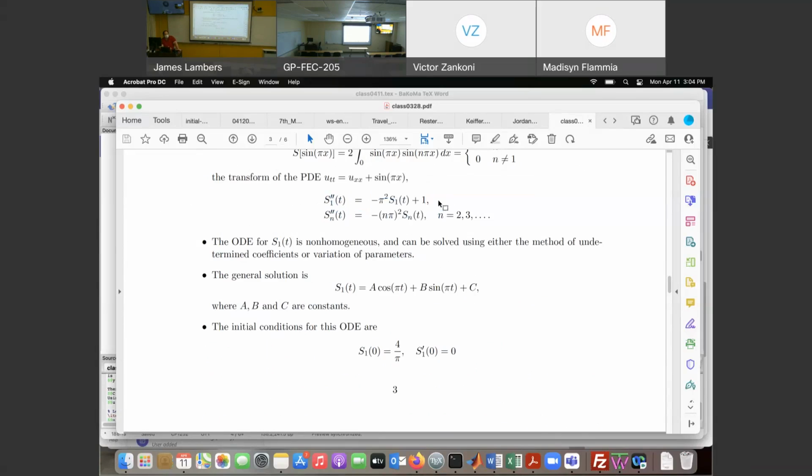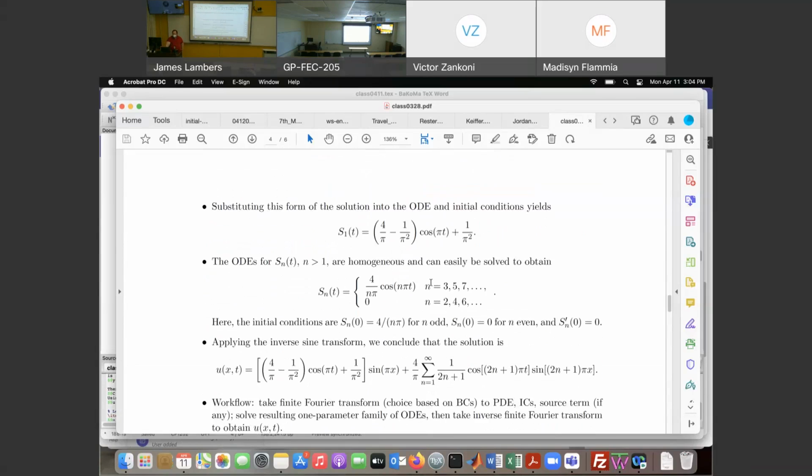That gives you a system of linear equations for the coefficients A, B, and C. So this turned out to be what A is, this was C, and B turned out to be 0.